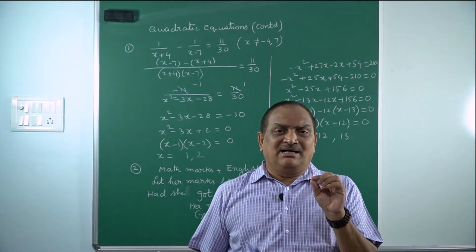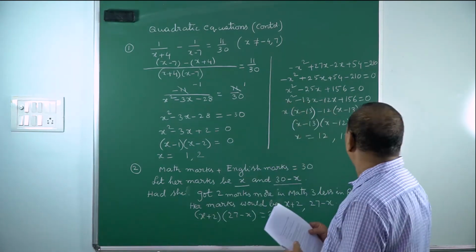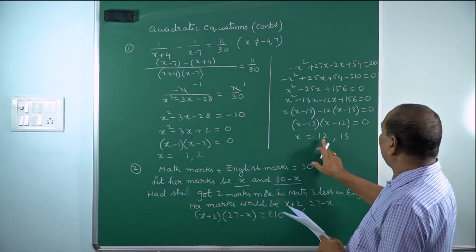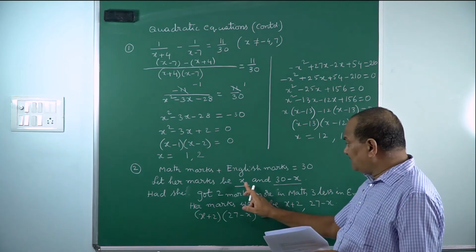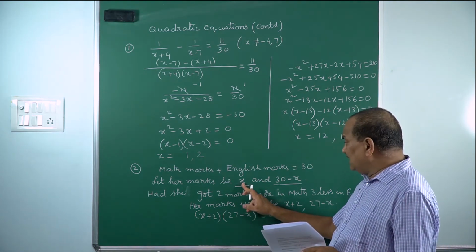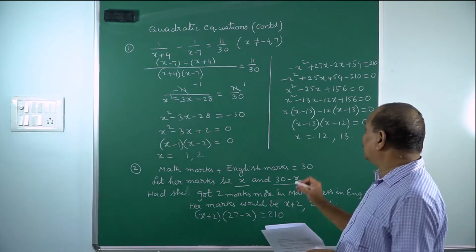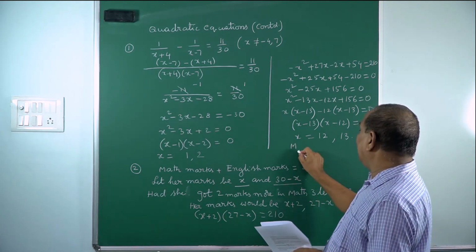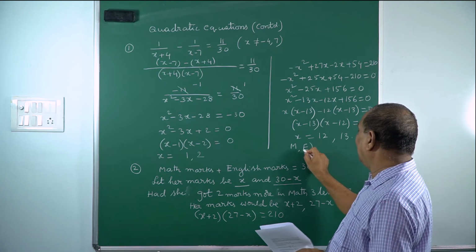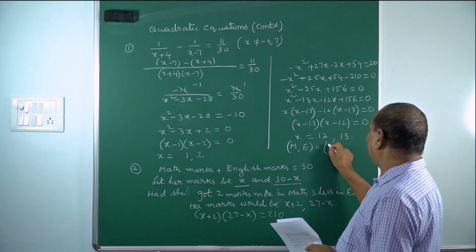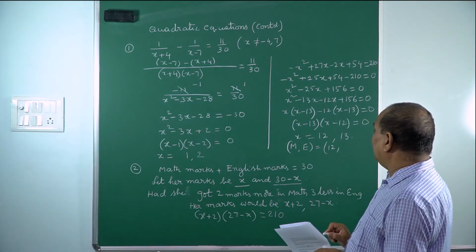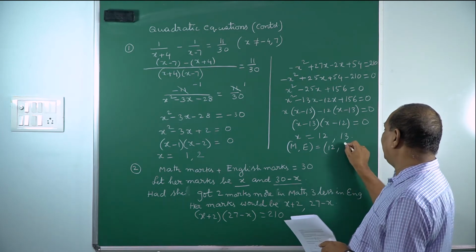If math marks are 12, English marks will be 30 minus 12, that will be 18.